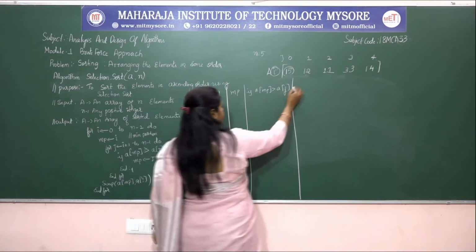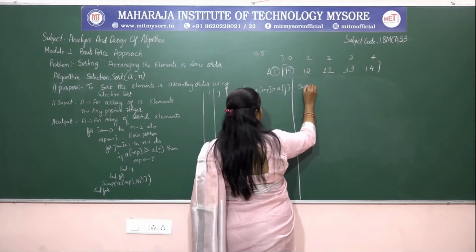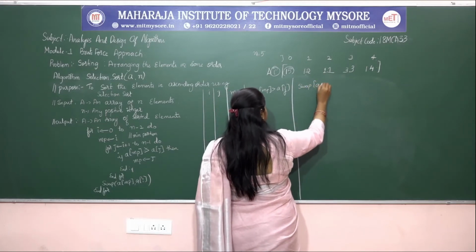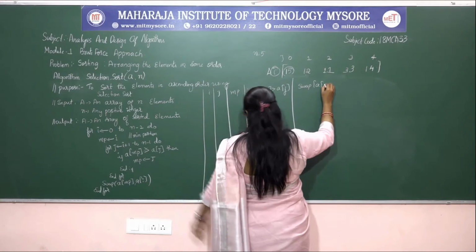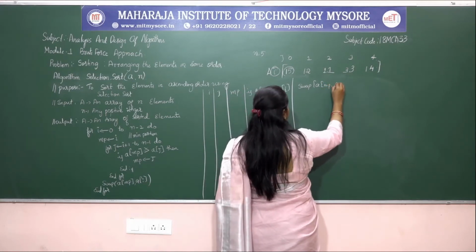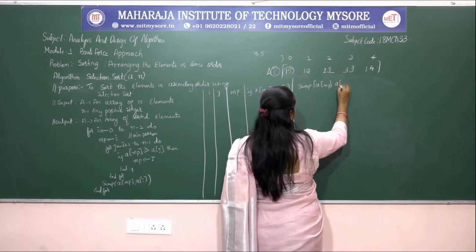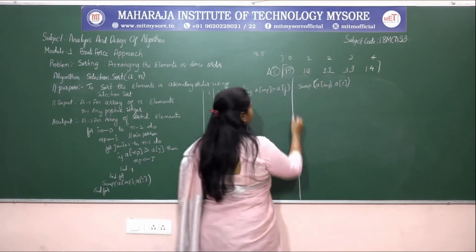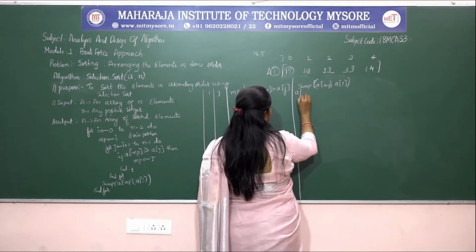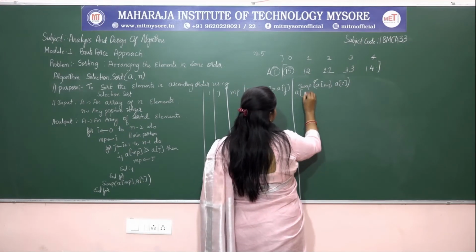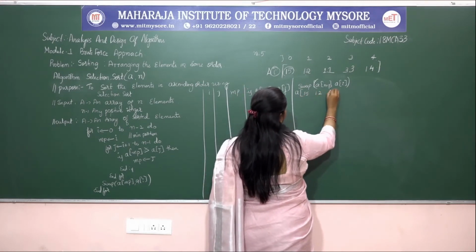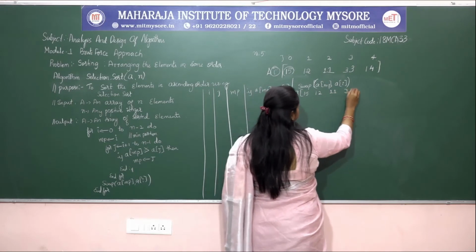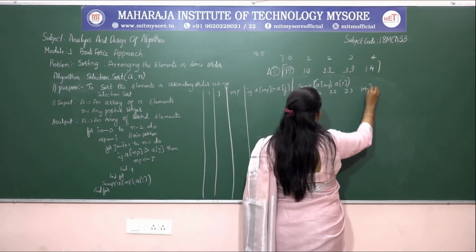And then we need to do swapping between a of MP and a of i. Okay, so for that I am going to represent the array values as they are: 15, 12, 11, 33 and 14.